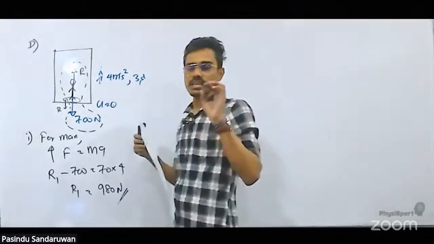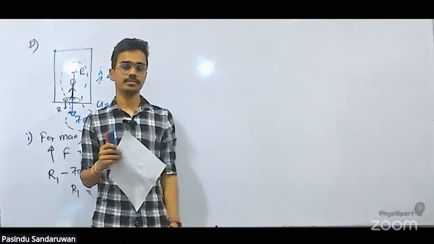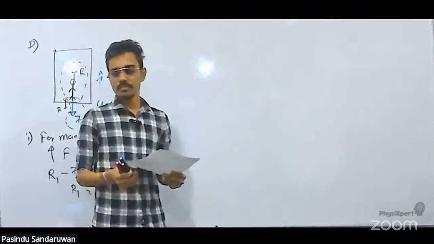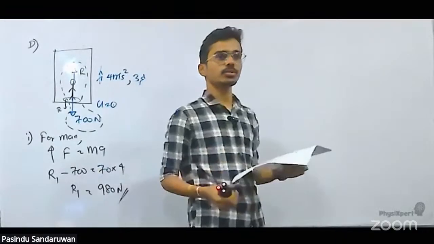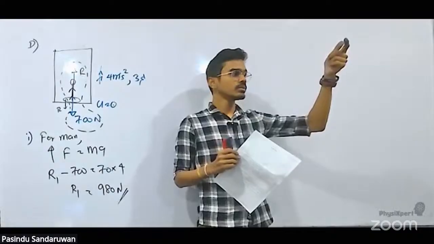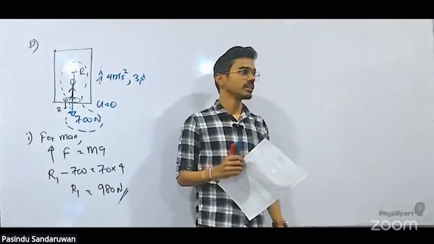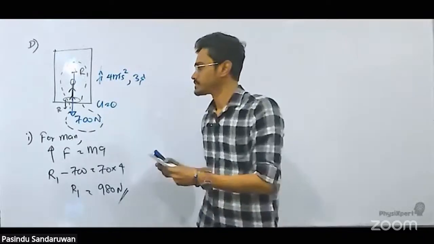The balance reading is equal to the perpendicular reaction on the pan, and the reading of a spring balance is equal to the tension of the hook of the spring balance. That is what we need to know.